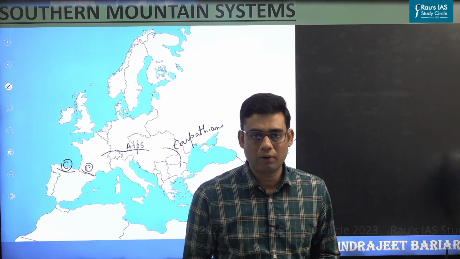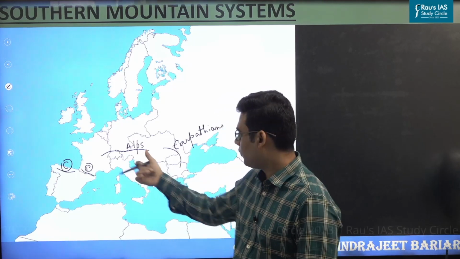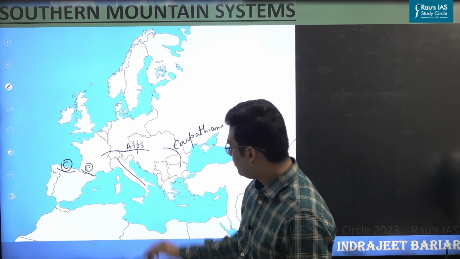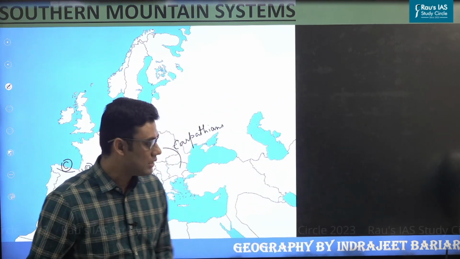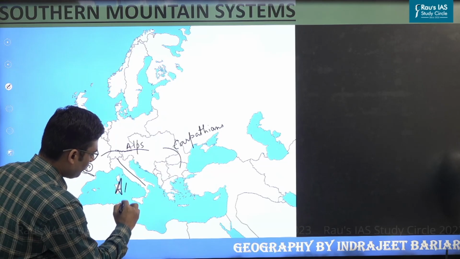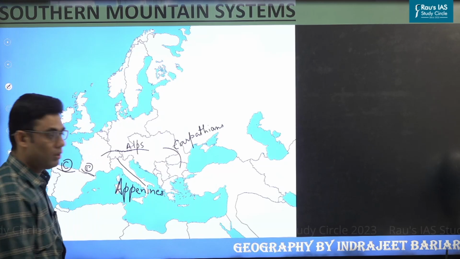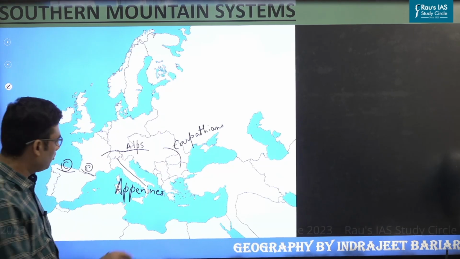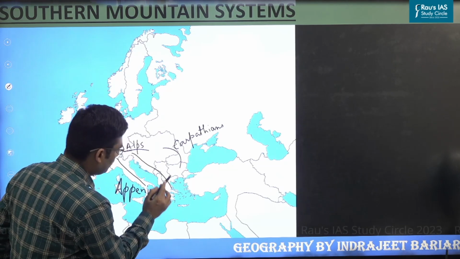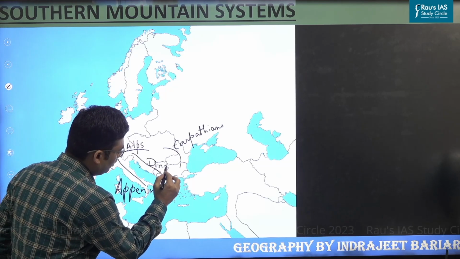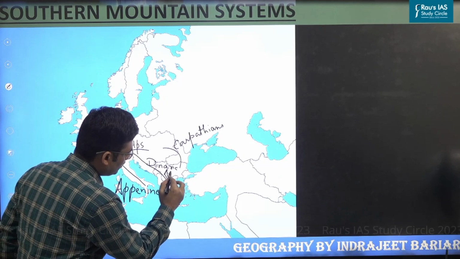Along with that, we have two branches of the Alps, one moving along the Italian peninsula, called the Apennines, and the second one moving along the Balkan peninsula, called the Dinaric Alps.